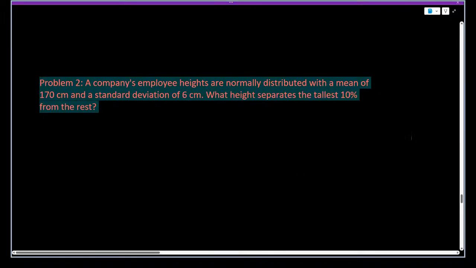Company employees' heights are normally distributed with a mean of 170 and standard deviation 6. What height separates the tallest 10% from the rest? This problem you need to think about. This is the question.